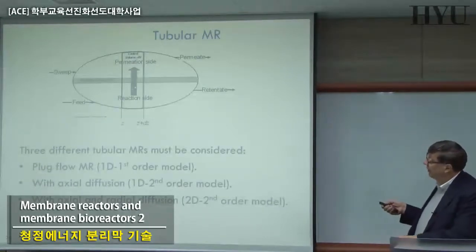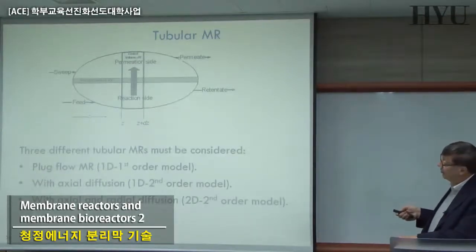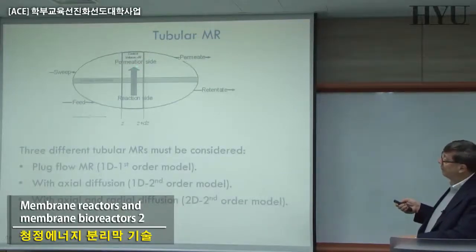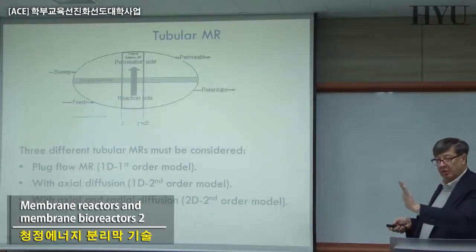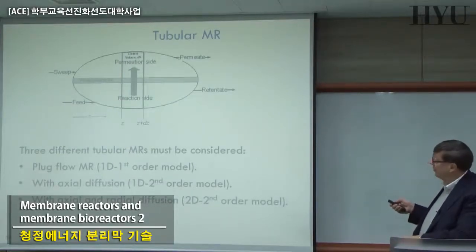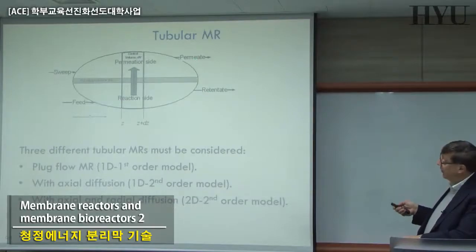We can have a typical tubular system in which we have the feed, and we pressurize on one side, and we can have a permeation of hydrogen across our membrane. So we will have feed, and what we call, for example, plug flow, just applying the pressure normal to the membrane surface. We will have a retentate and we will have a permeate.